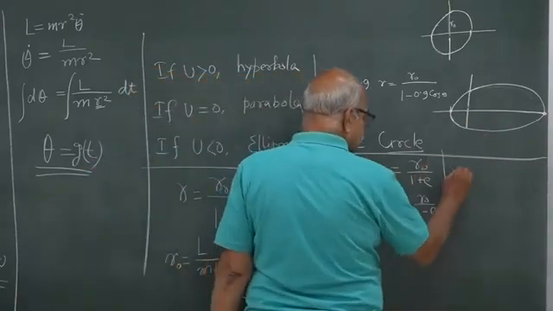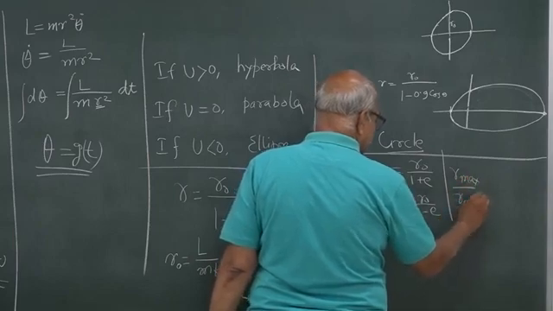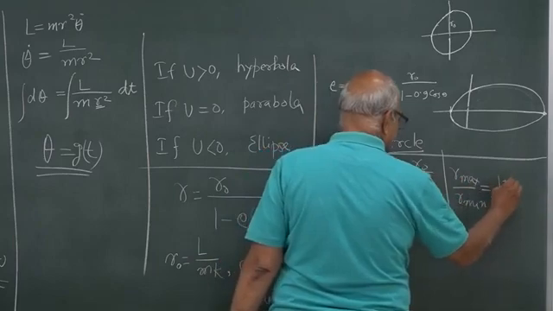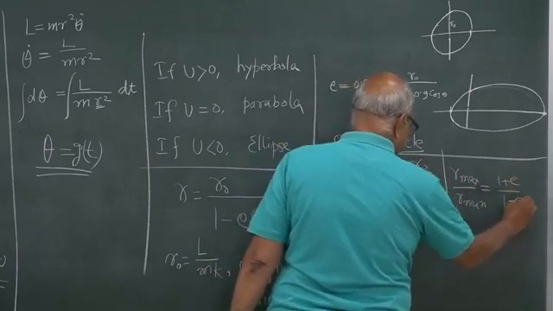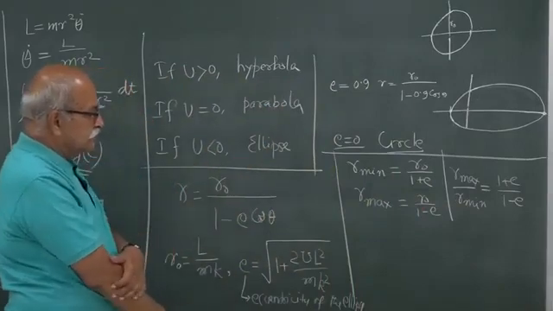If you see the ratio r max by r min, that is 1 plus E divided by 1 minus E. That also will give you a fairly good idea of how elongated it is.